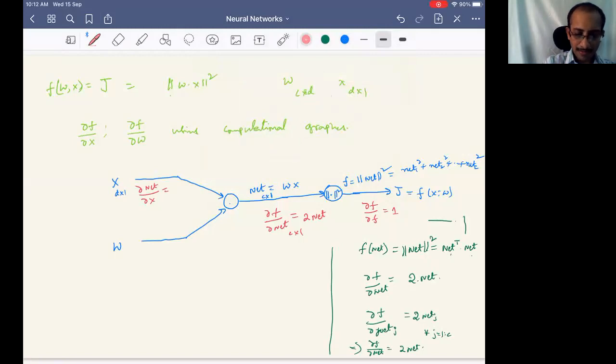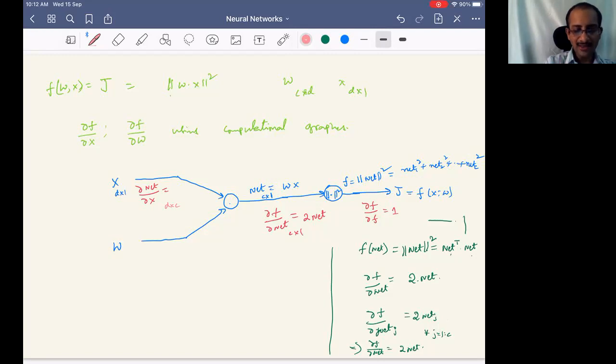C cross D. Because we keep the vector dimension as the rows, it is D cross C. Because the vector dimension, like x, is along the column, you will get D cross C.